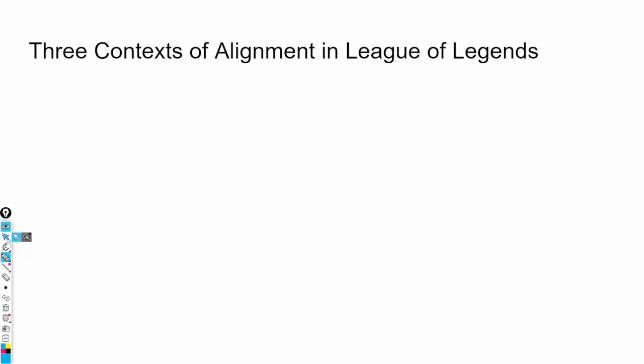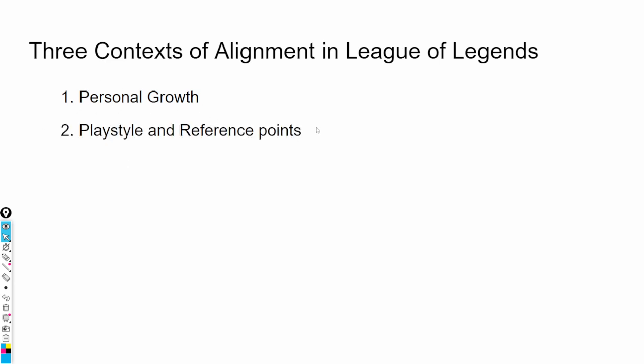So the context that we're going to be using in terms of League is going to be in terms of personal growth and our ability to actually improve our playstyle and reference points for when we're in game, ensuring that the decisions we make make sense for what we're trying to accomplish. And then team and map awareness, so that way we are knowing what our role is with the team and aligning ourselves with the game holistically.